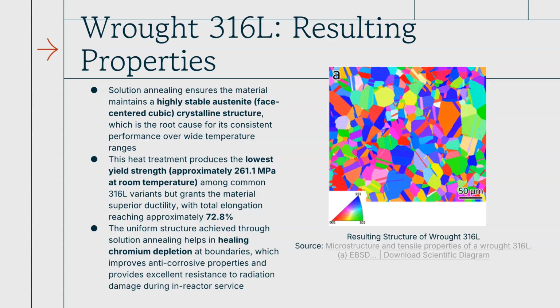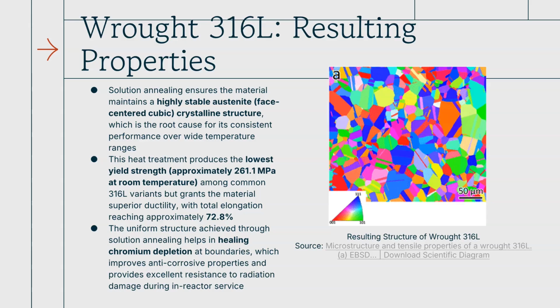So the resulting properties of Wrought 316L are as follows. It is a highly stable austenite face-centered cubic structure, and it has the lowest yield strength, approximately 261.1 megapascals, among common 316L variants. But it offers a total elongation reaching approximately 72.8%.